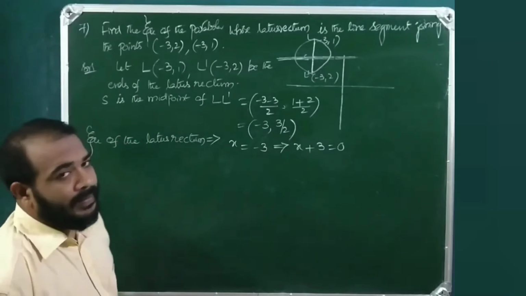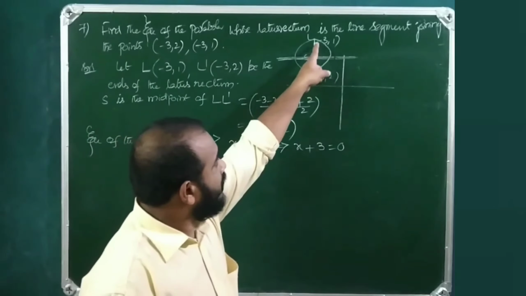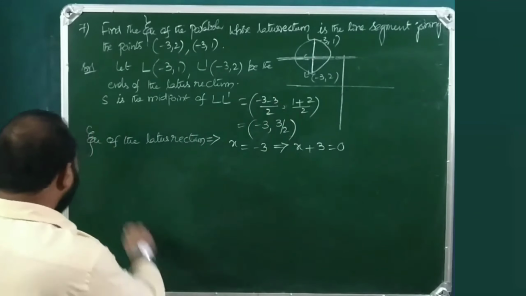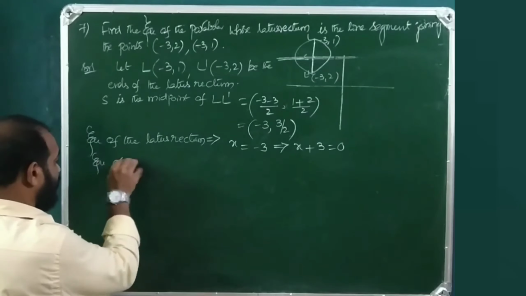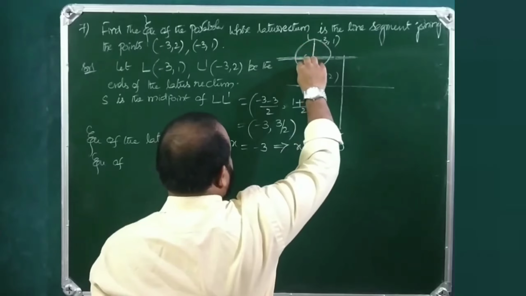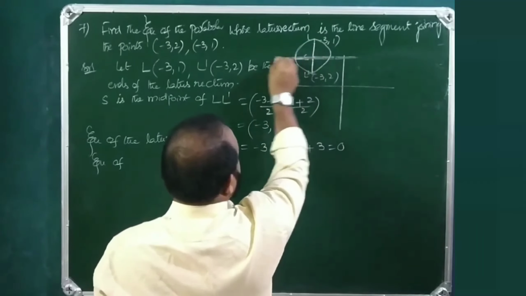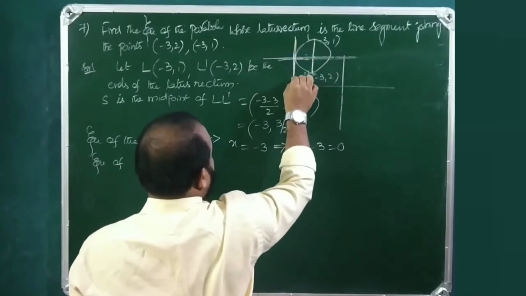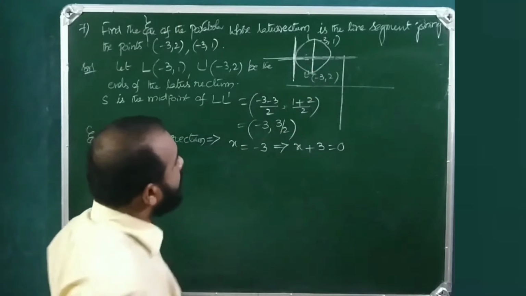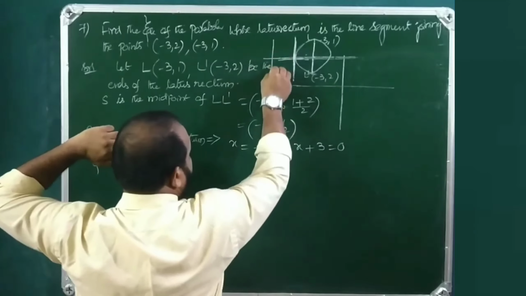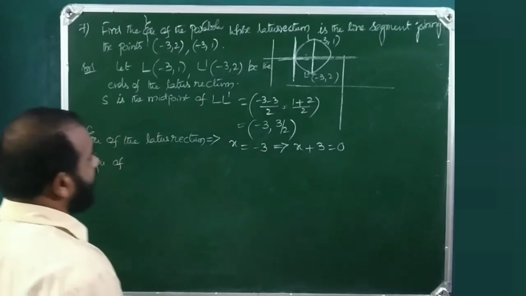So there would be two parabolas possible based on the latus rectum LL'. For convenience, let us take the parabola to be this one, then this is the principal axis, and this is the directrix.